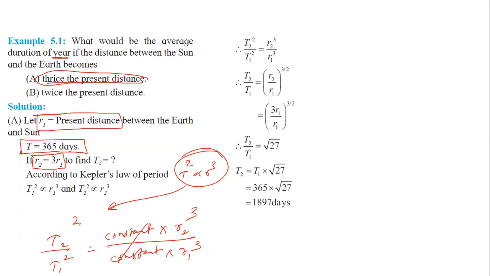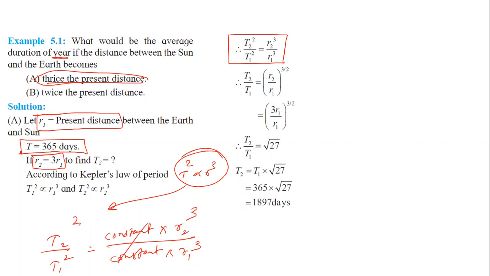This constant gets cancelled and we get this formula. T2 by T1 bracket square is equal to R2 by R1 bracket cube, or you can write individual cube here. Then taking square root of both sides, we get T2 by T1 is equal to R2 by R1 raised to 3 by 2.